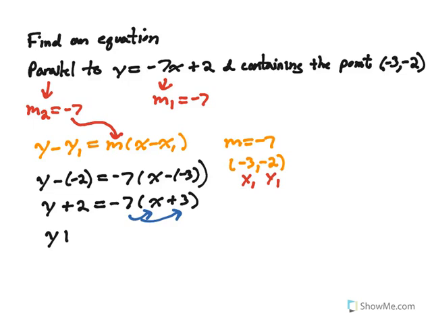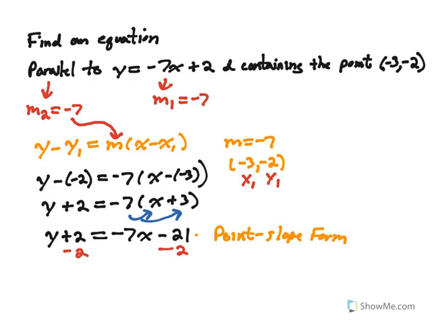Okay, so y plus 2 equals -7x. And then -7 times 3 is -21. All right, and then I'm going to go ahead and subtract the 2 because I want to solve for y. Now if I stop here, okay, this is my point slope form. Remember?